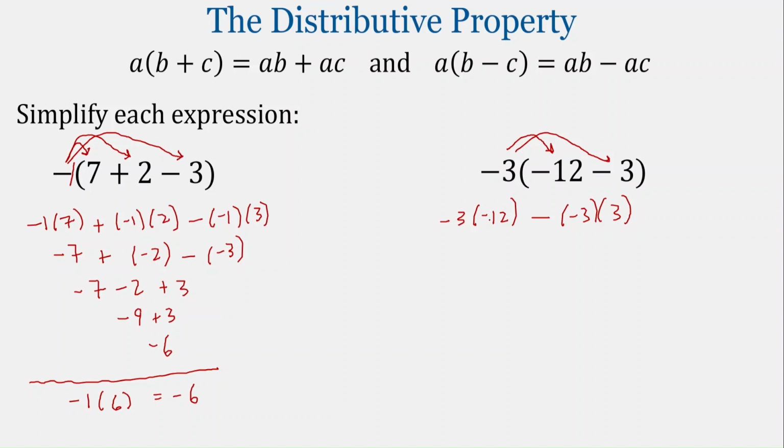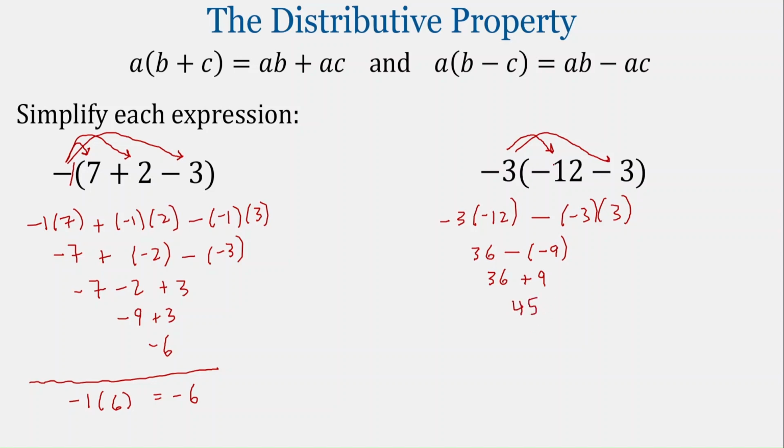Negative 3 times a negative 12, that's a positive 36. Signs are the same, so it's positive. Keep the subtraction, and then negative 3 times 3, that's negative 9. This is 36 plus 9. Minus a negative is a positive, and that's 45.